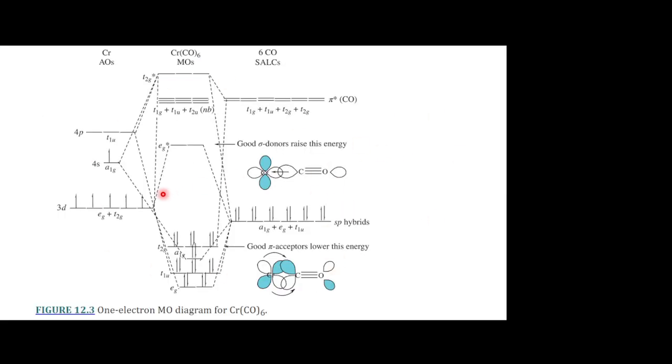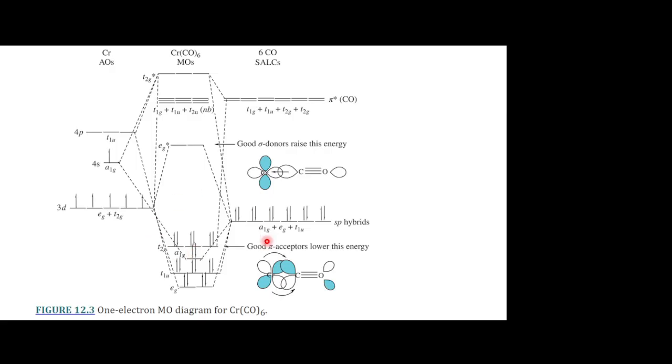Okay, now this is going to be your 1 electron molecular orbital diagram for this. That's just your bonding molecular orbital diagram. So here we have our d orbitals for our chromium, and these are going to mix with our sp hybridized orbitals on our COs. Notice again, those sp hybridized orbitals are direct connection orbitals, right?